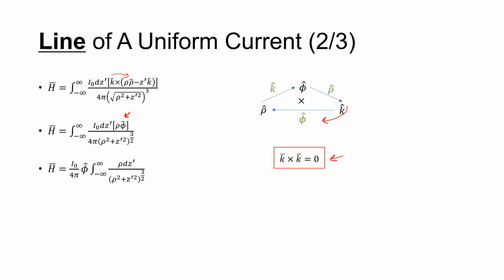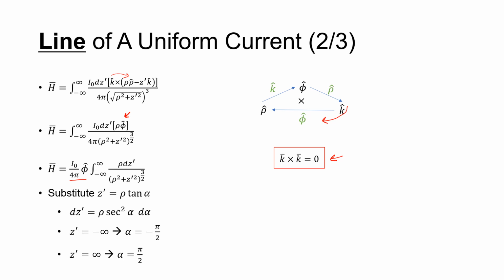Now let's move the constants outside, and also the direction, which doesn't rely on dz. So we have I naught over 4 pi in the phi direction. We have integration from minus infinity to infinity of some function as shown. Rho also doesn't depend on z, but we will use it as we see now. So let's make some substitution. Z dash equal to rho times tan alpha.